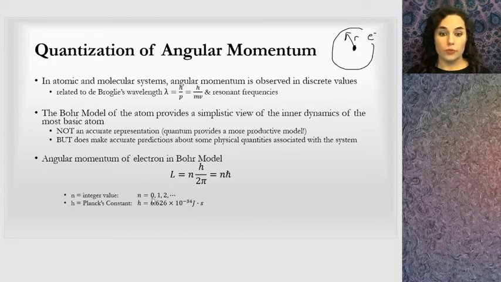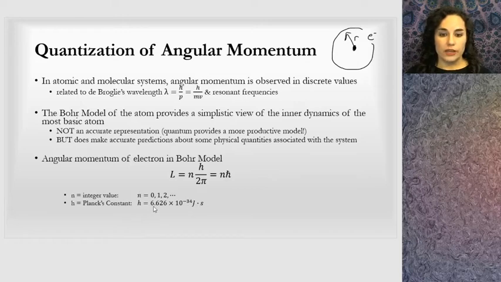It could be 0, 1, 2, 3, all the way up to whatever we want. It's an integer. H is Planck's constant. This is a cosmological constant. The universe set this. It is fundamental in the dynamics. It's one of those constants like G equals 9.8, or the mass of the electron, or the Boltzmann constant, any one of those.